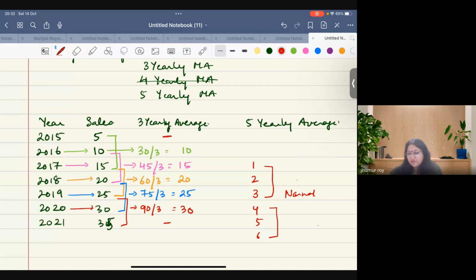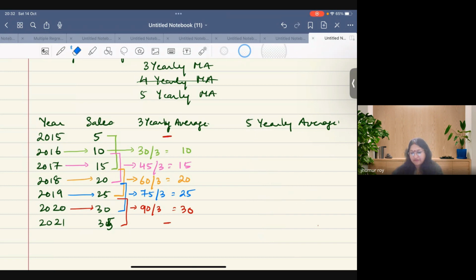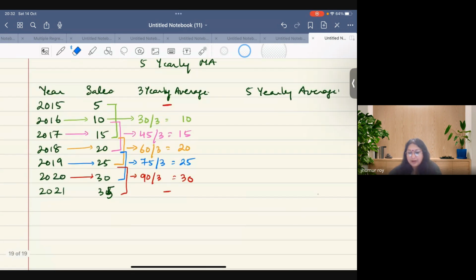But because it's a moving average, we go one step down and keep finding the average. How does it help? It tells us the trend. If you plot this, you will get a trend, whether the values are going upwards or downwards, so you come to know how the movement is taking place. That's why it is a very important concept when we talk about demand forecasting.